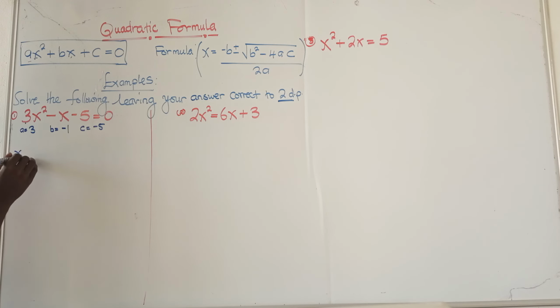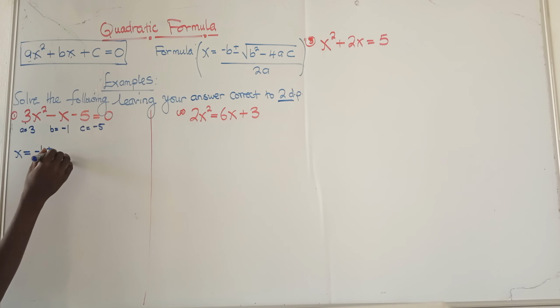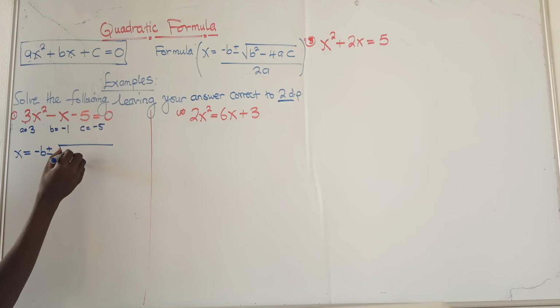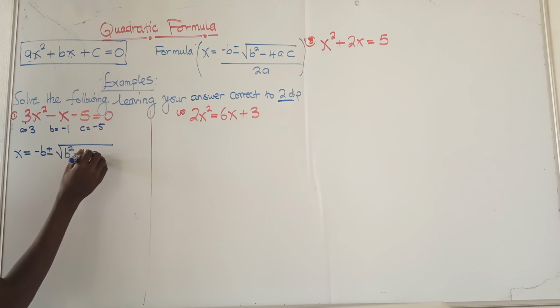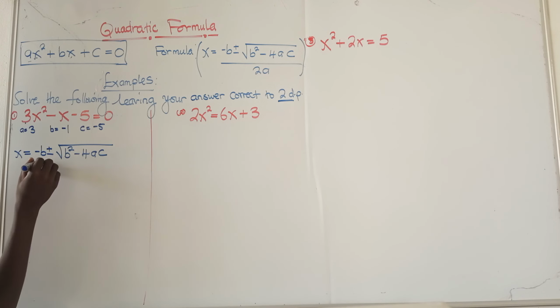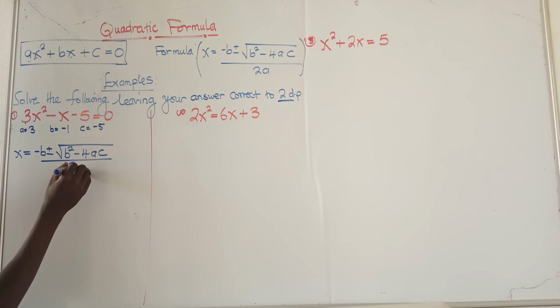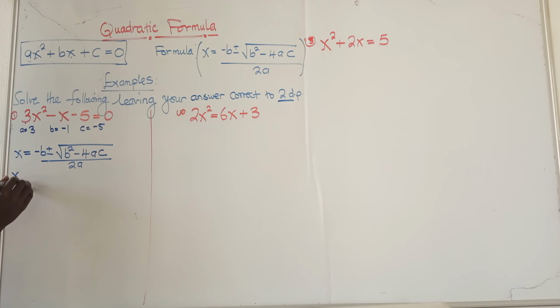Now, let us apply this using the formula. So we're going to say x is equal to negative b, positive or negative, the square root of b squared minus 4 times a times c, divided by 2 times a. So we replace in our formula. What is our b? Our b is negative 1.